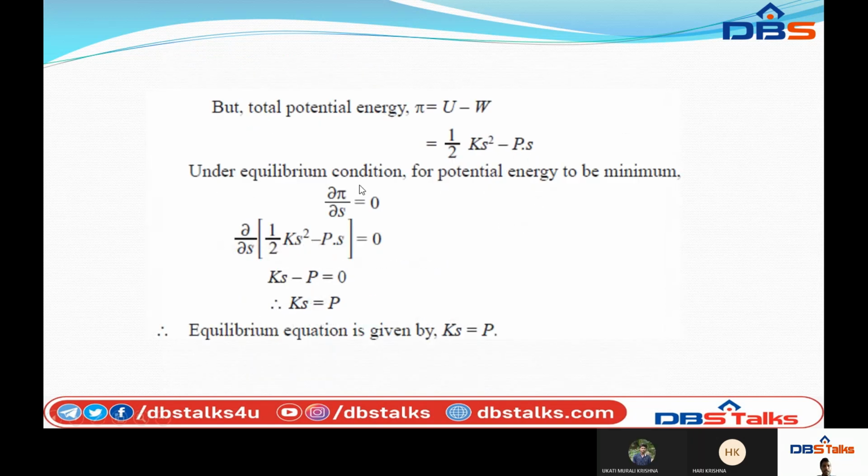Under equilibrium condition, for potential energy to be minimum, previously we discussed dou pi by dou x, where pi is the potential energy and x is the displacement field. But in this equation, instead of the x displacement field, I am taking S deformation length here. Dou pi by dou s equal to 0.